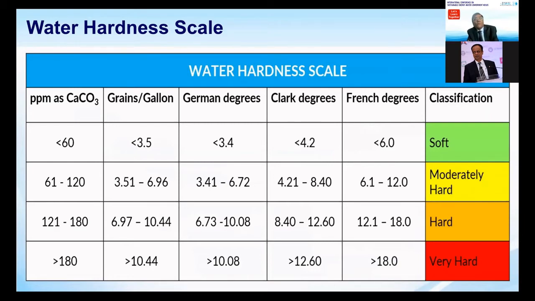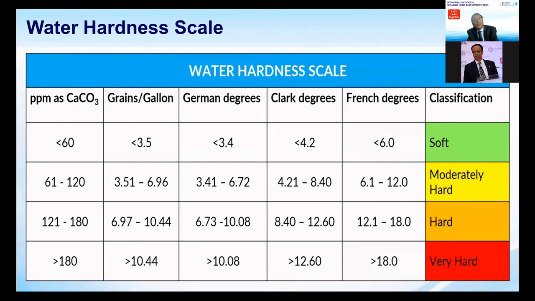Actually, in different countries we have different measuring units for hardness. If you see on the top, ppm as calcium carbonate is a very popular unit in Pakistan and the US, and then there are grains per gallon, German degree hardness, Clark hardness, and French hardness. In these, we have the conversion factors.